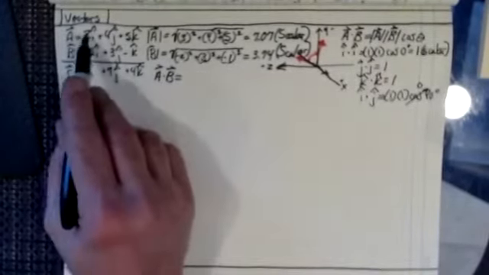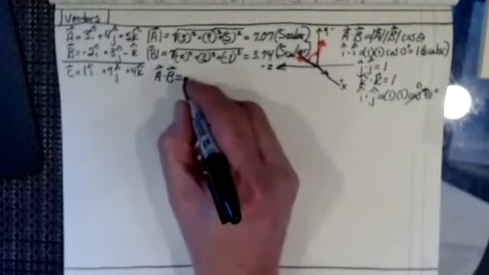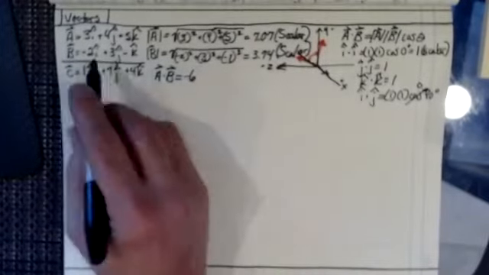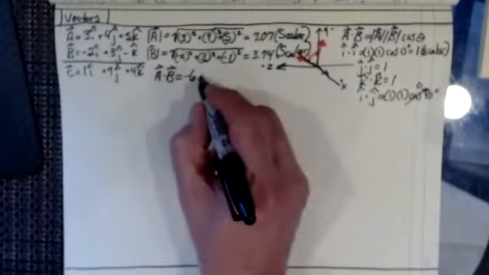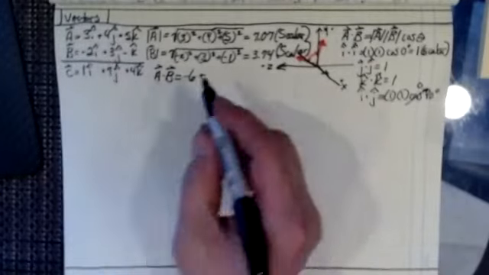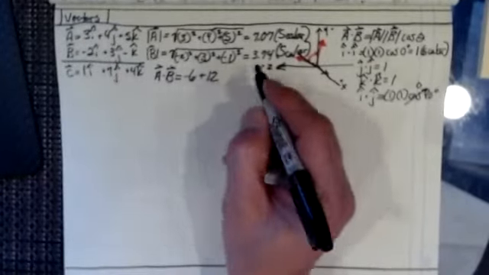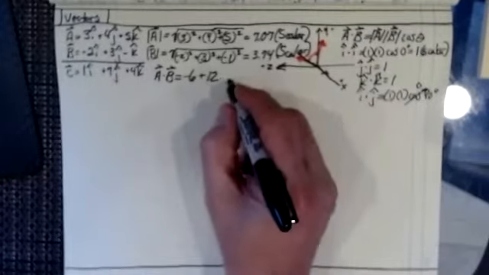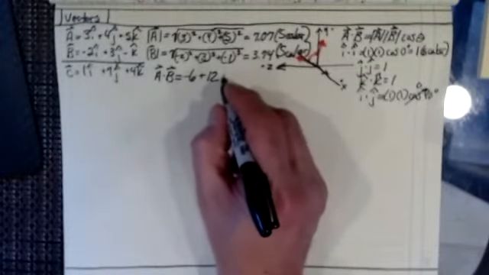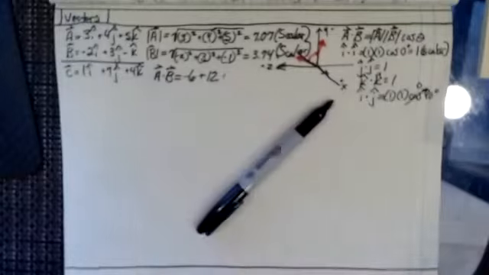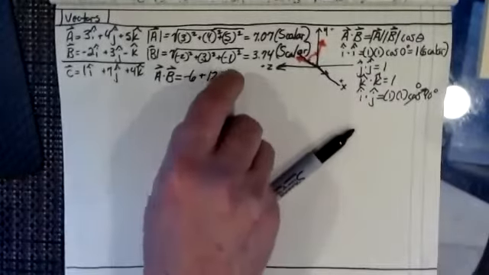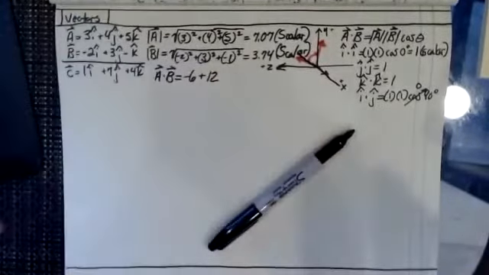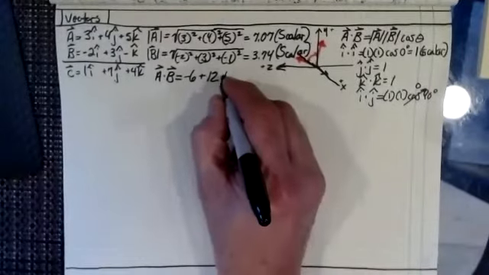A dotted with B is going to be 3 times minus 2. So that gives me minus 6, and then plus 4 times 3, which is 12, plus 5 times minus 1, which is minus 5, right?